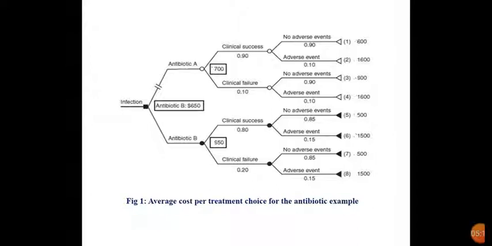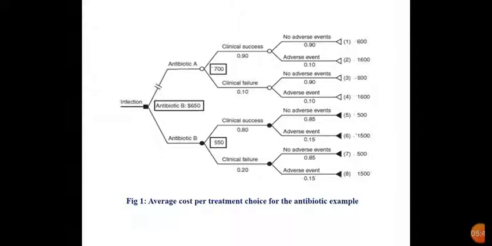And we have two branches here for the clinical success: no adverse event and adverse event. No adverse event, then the probability becomes 0.9, and clinical success with an adverse event, that is 0.10, that is 10%.